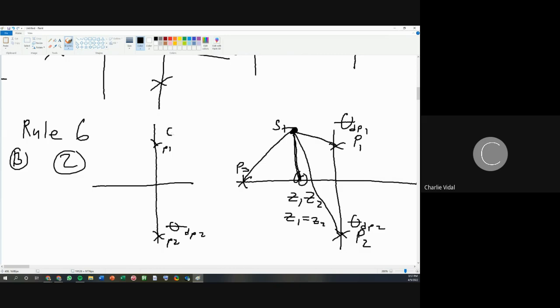For P1, we're trying to find theta dP1. There is a test point over here now, and these are all in the same location. In this graph, theta P1 is over here, but this test point is over here, even though it's actually over here. Very confusing, but anyway. There's 2 zeros, and there's P3. Okay. And we're trying to find these angles.